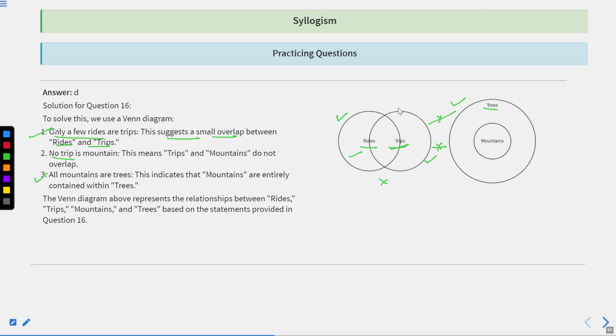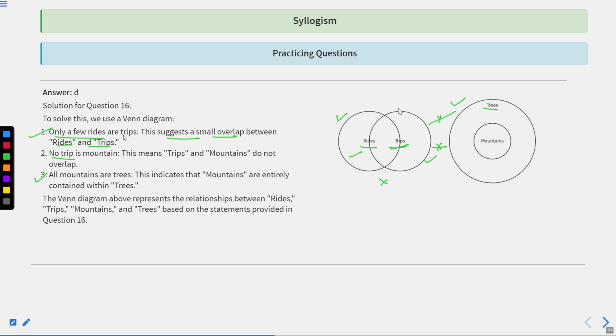The very first statement says that only a few rides are trips. As we have already studied in our discussion on the types of syllogism, there are complementing pairs: if one statement has been given, the other cannot be true. If it is mentioned that all x are y, then we cannot say that some x are not y.